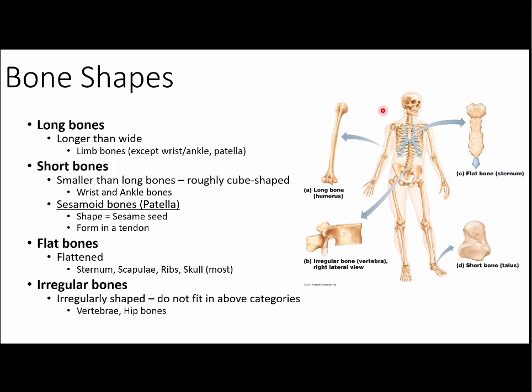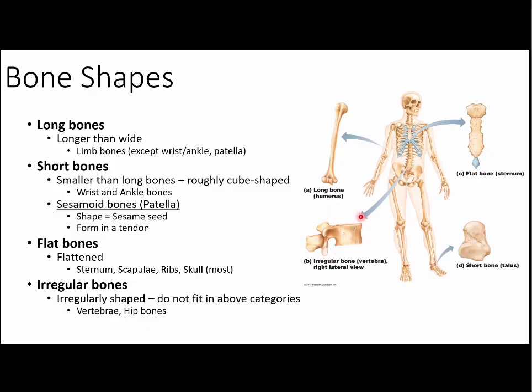Then we have our irregular bones, and your irregular bones don't fit in with long bones, short bones, or flat bones. They are irregularly shaped. So if you're looking at your short bones, keep in mind they're roughly cube-shaped. They're not irregular. But when we look at our vertebrae over here, well, these guys have kind of an entire shape of their own.